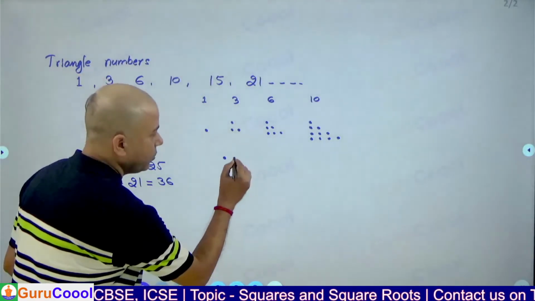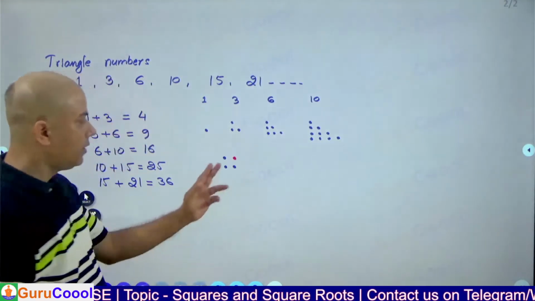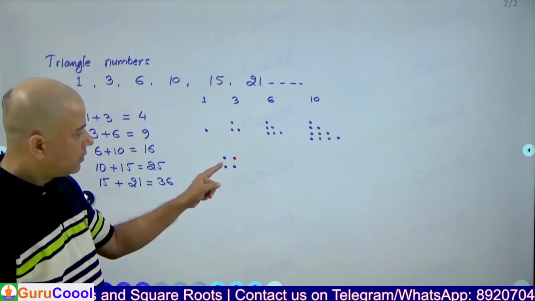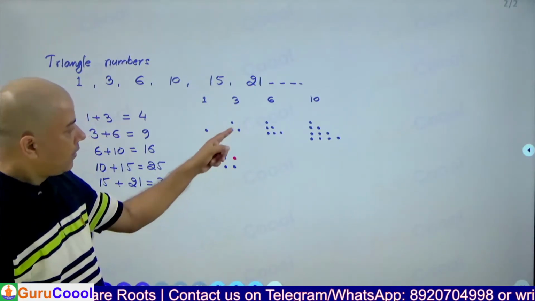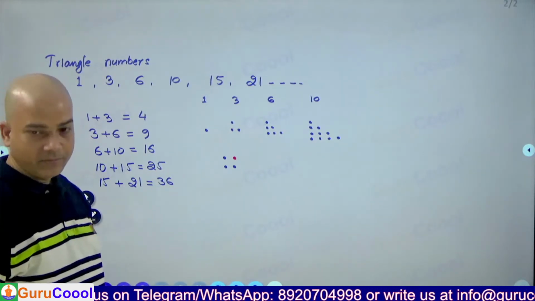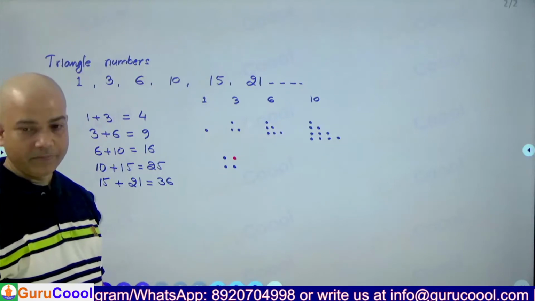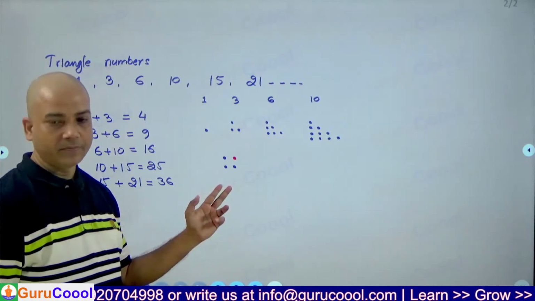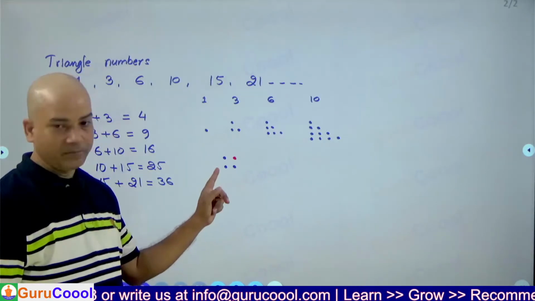If I give only 1 dot here extra, square completed. 3 dots blue and 1 dot from here red, square completed. That's why 1 plus 3 is a square number. It is completing a square shape.